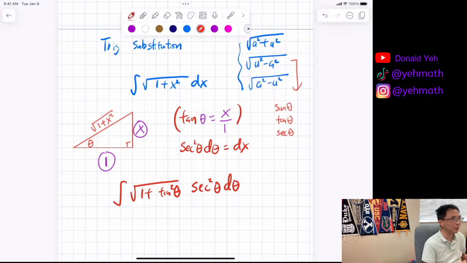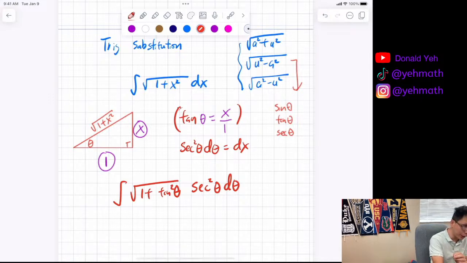There is no way I can do u substitution for 1 plus x squared, and arctan doesn't work because it's a square root. If you set tan of theta equal to u, it would put you right back at the start. No, I just changed everything in terms of theta.